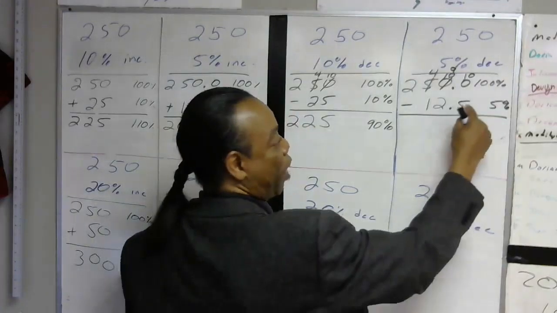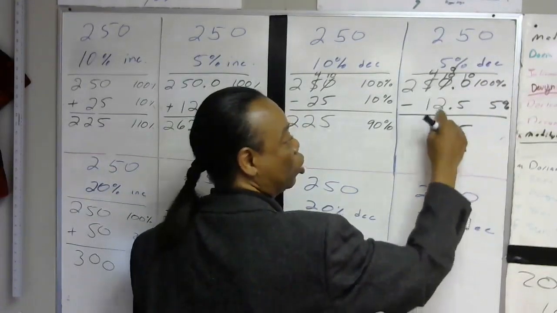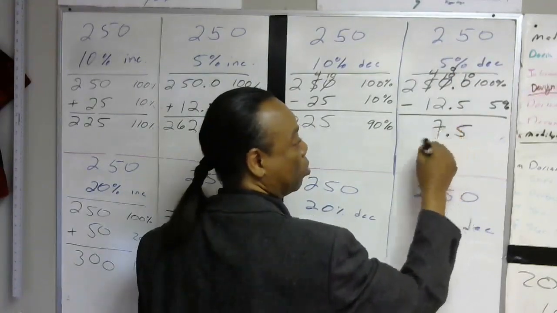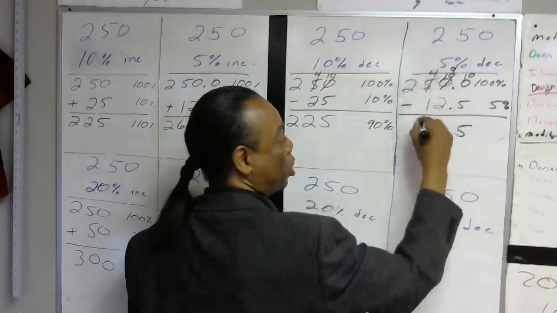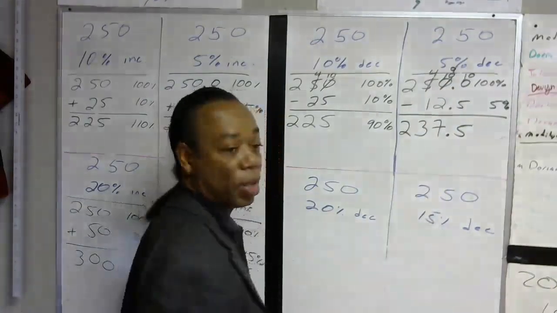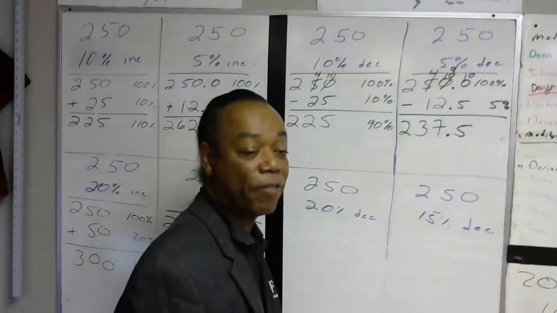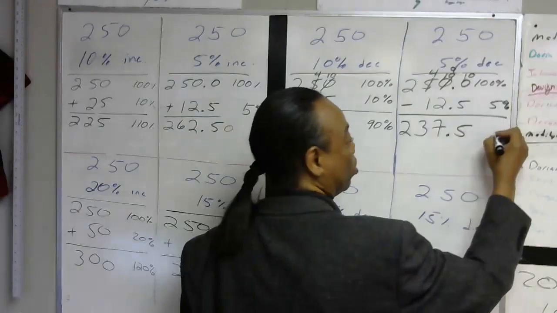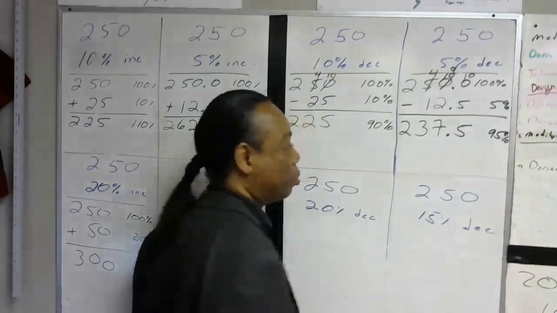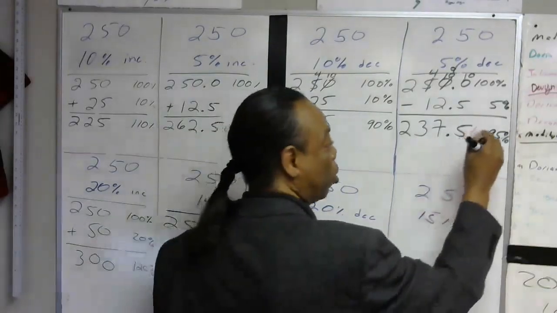So 5 from 10 gives us 5. 2 from 9 gives us 7. And 1 from 4 gives us 3. And bring down the 2. Okay. This represents 95% of the original. And again, we can add a 0 if we want this to be in terms of money.